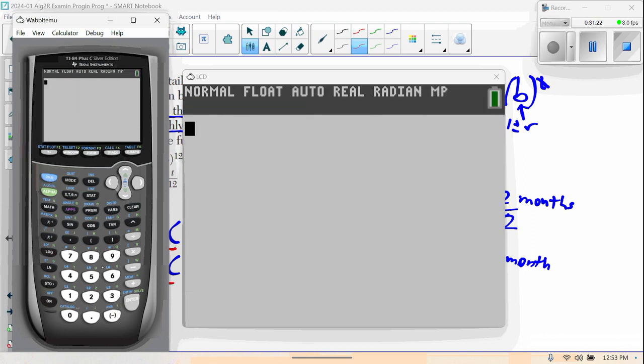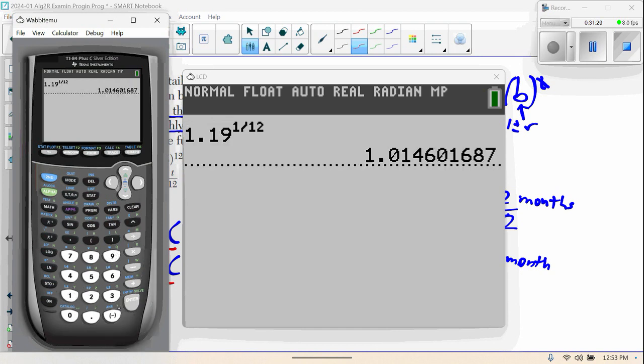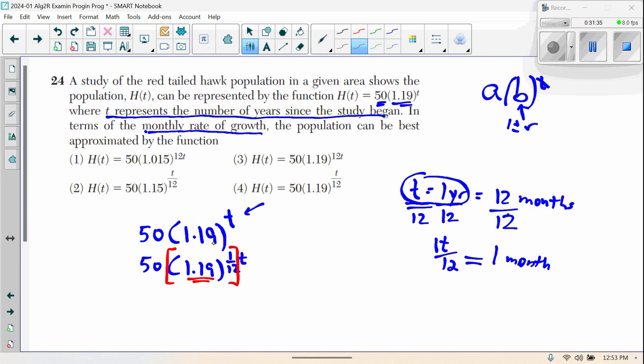So I'm going to take 1.19 and raise that to the 1 divided by 12. 1.0146. Oh, they only go 2 decimal places. So we'll call that, we'll go 3 places. It's now 50 times 1.01. It was 46, so that will be a 5. T. This is now in months.